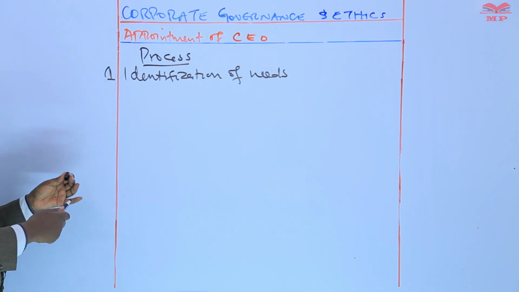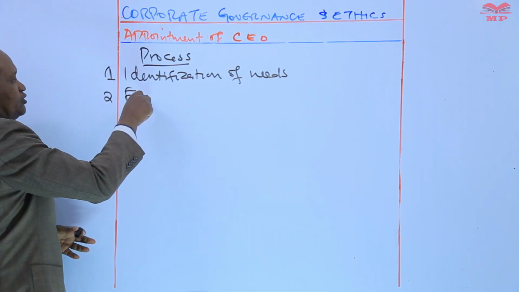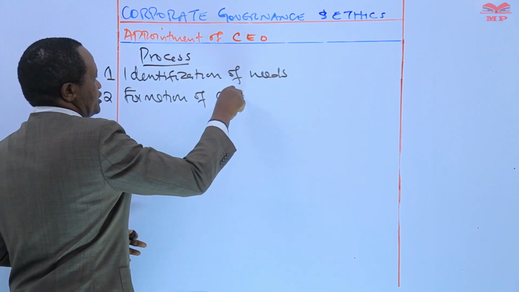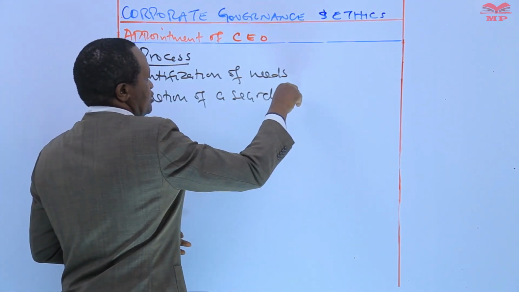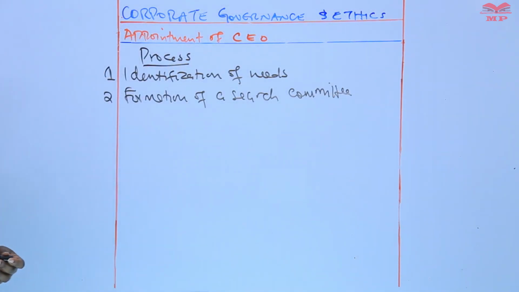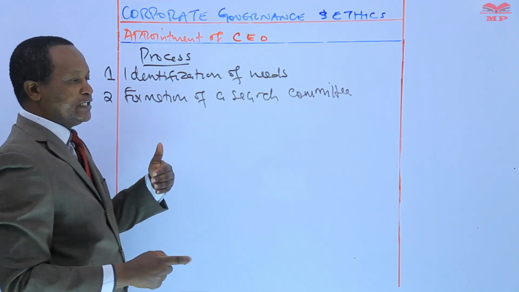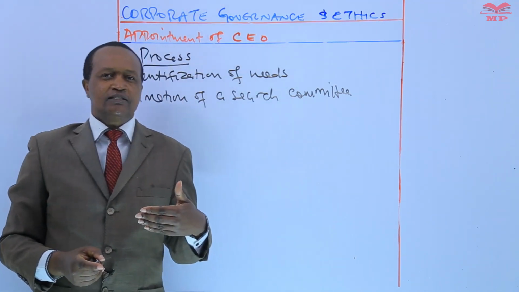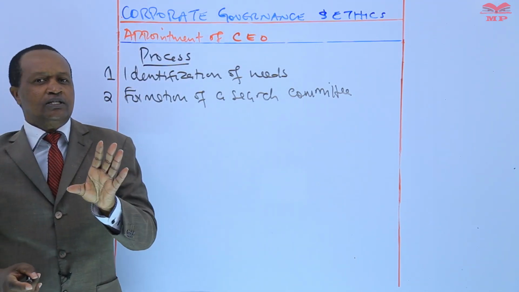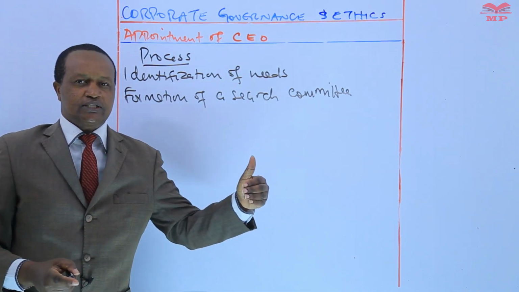Then the second step is to form a search committee. Formation of a search committee. A search committee is typically composed of independent directors, and it is established to lead the CEO search process.